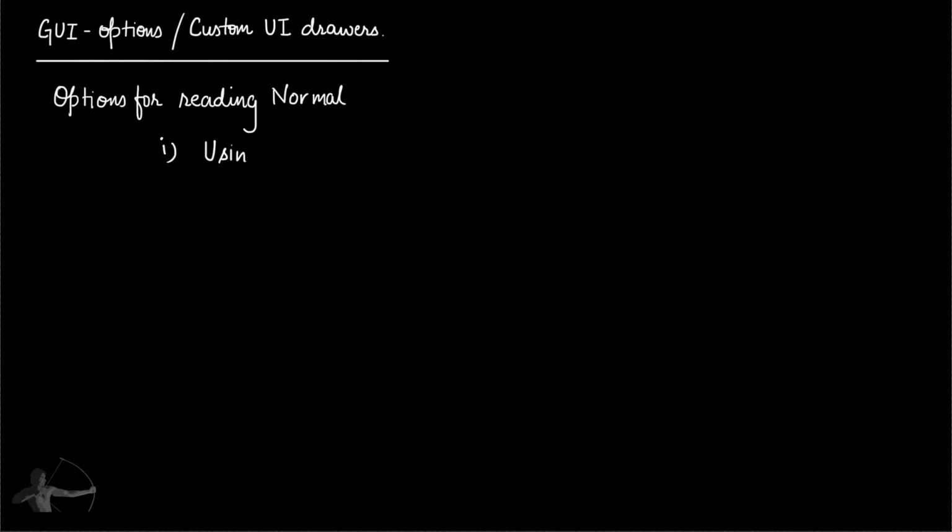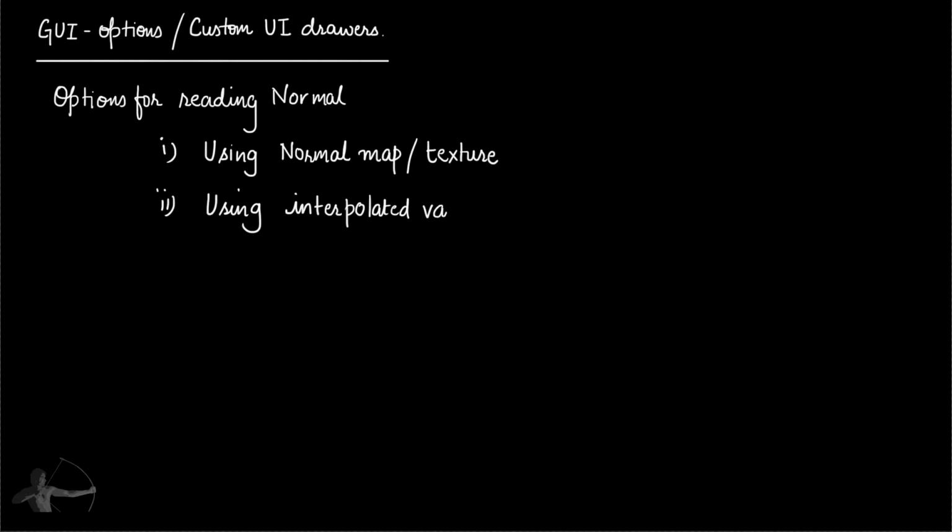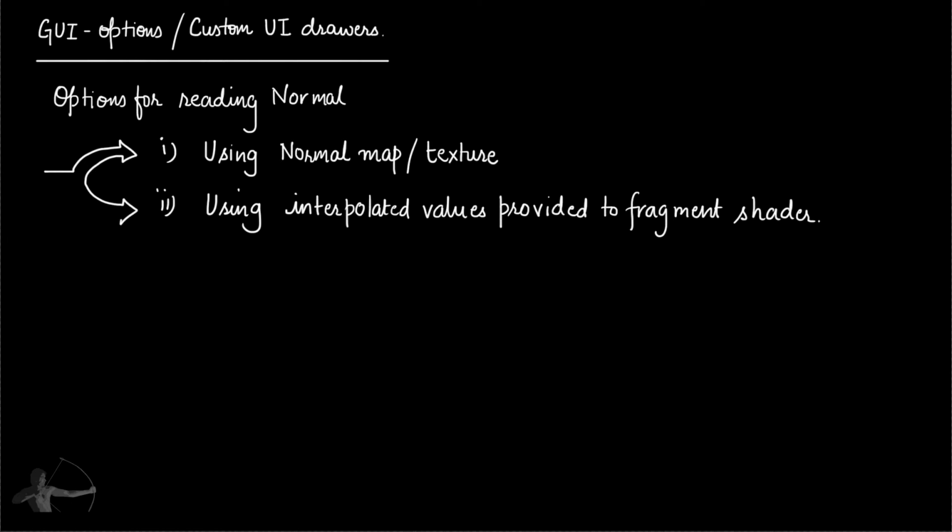So one option is using normal map, which is a normal map texture which contains the tangent space normal data. Another option is using the interpolated values provided to the fragment shader.